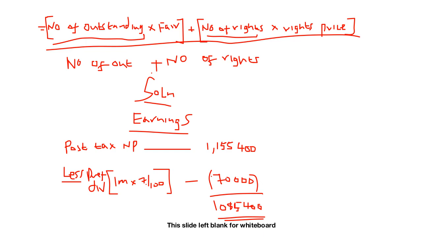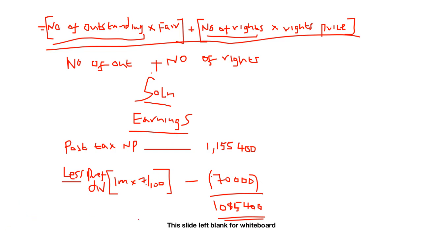Then we add that to the number of shares issued through the rights issue times the rights price. That will give us the numerator. Then in the denominator, we just add the number of ordinary shares outstanding prior to the rights issue to the number of shares issued through the rights issue.